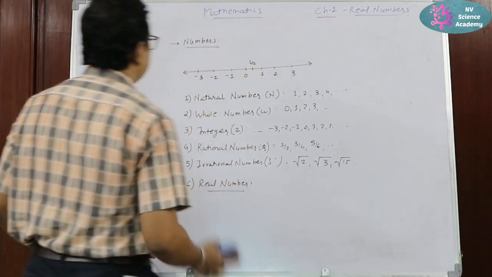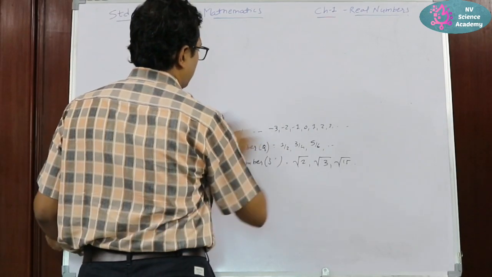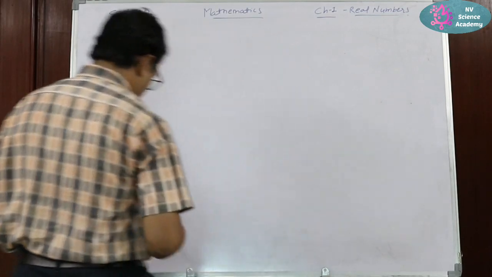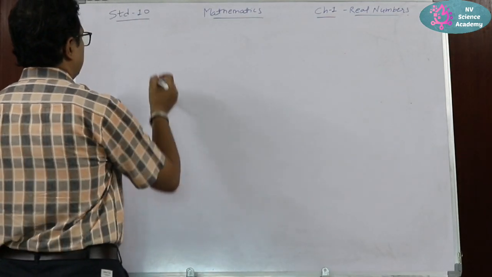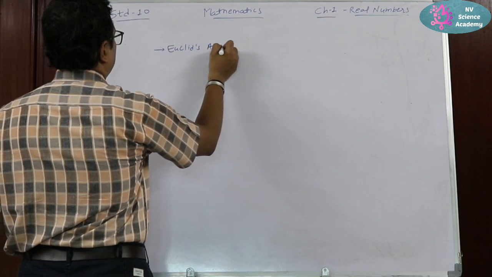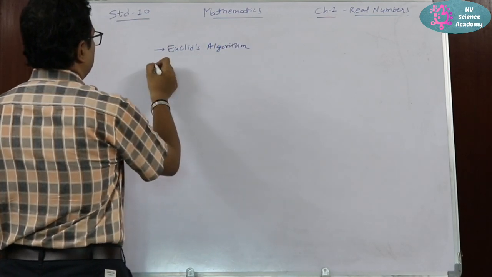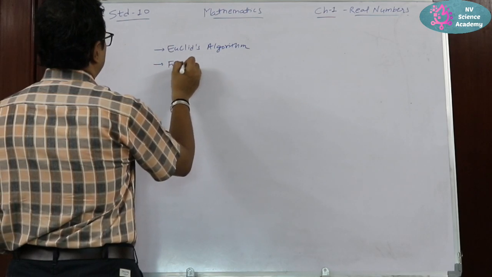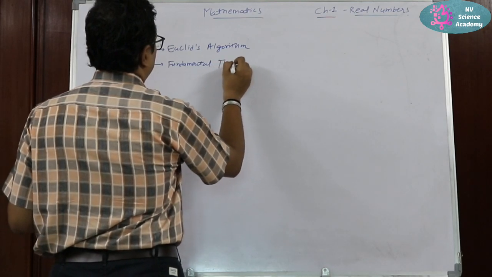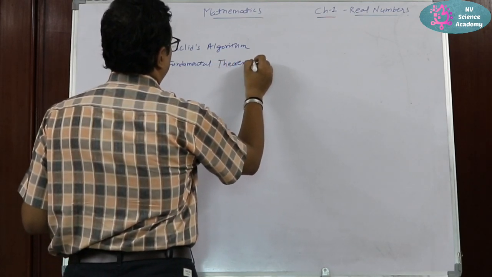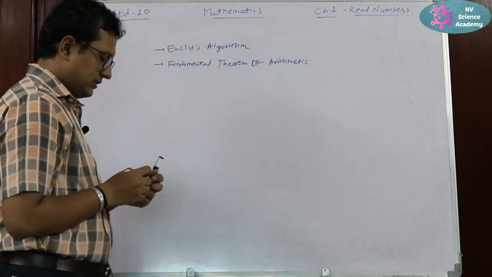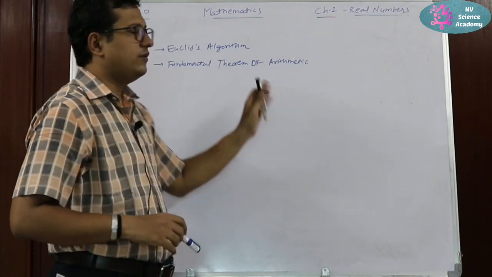Now the main topics of this chapter. The main topics are Euclid's division algorithm and the fundamental theorem of arithmetic.